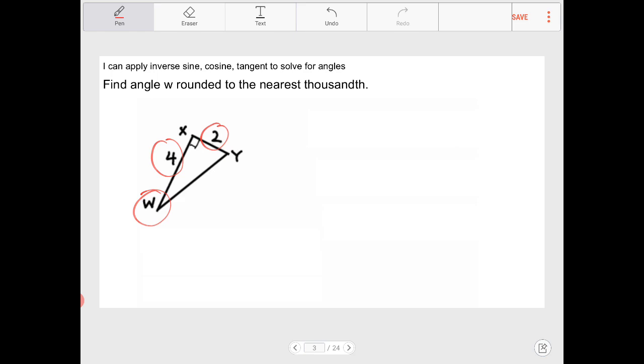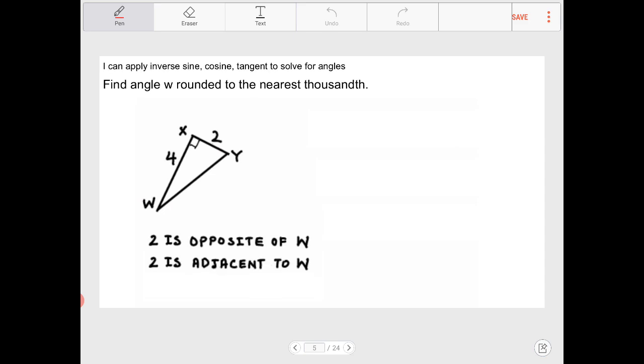If you thought we're going to use the tangent function, then you're absolutely right. We recognize that 2 is opposite of W and 4 is adjacent to W, and X here is the hypotenuse. Therefore, tangent of W is equal to 2 over 4.